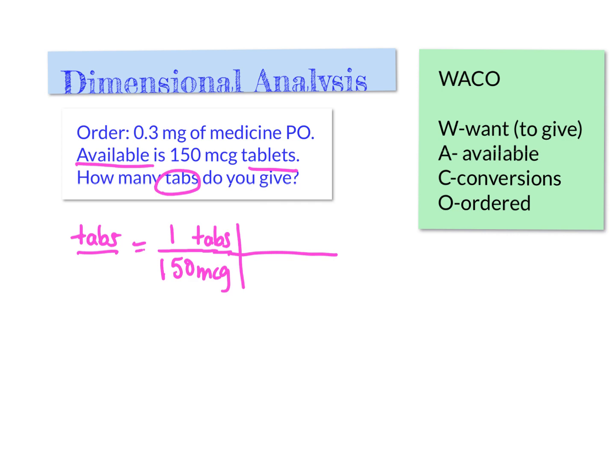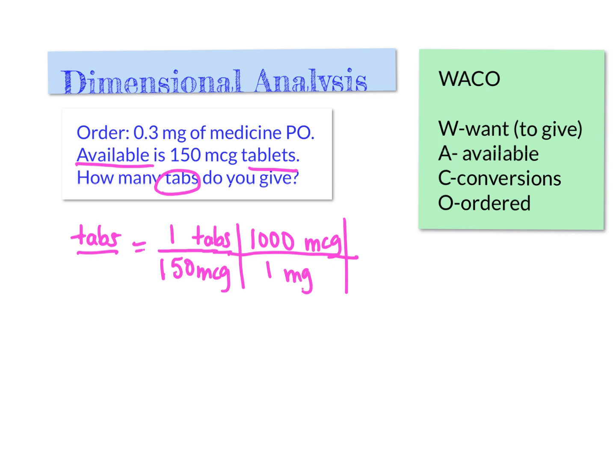So what I need to do next is take my micrograms. I'm going to have to put the micrograms up here because I'm going to have to be able to cross these out. So I want to go to milligrams. So I know that there is 1,000 micrograms to 1 milligram. And I know that because I've memorized the conversions, okay? Now, am I done with this problem?